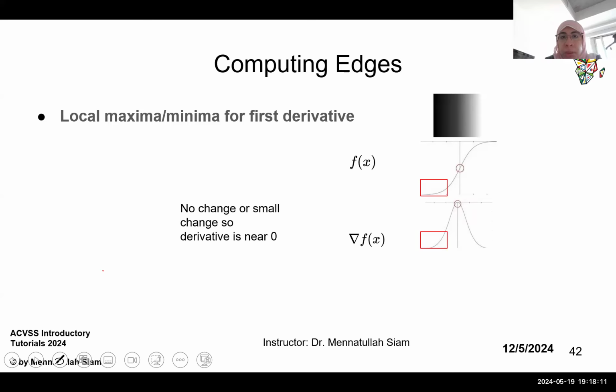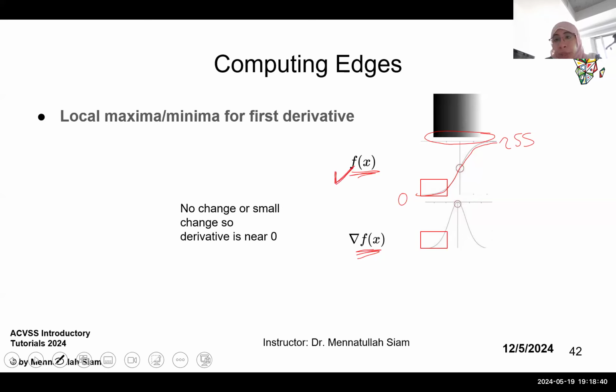Rate of change means we're trying to compute the first derivative. Except that here I have a 1D signal. Normally images are 2D signals. I'm just showing a 1D signal first because it's easier to understand. So if I take one intensity profile, showing the change gradually from 0 to 255, this is the intensity itself and how it is changing.